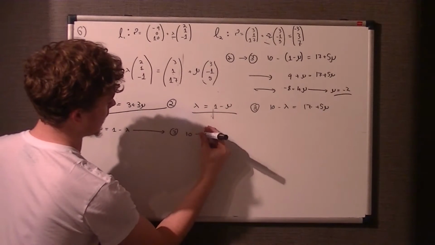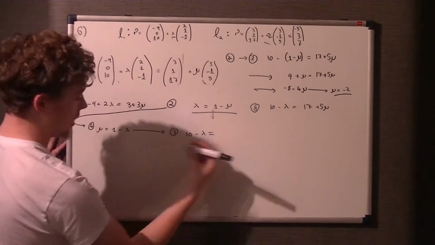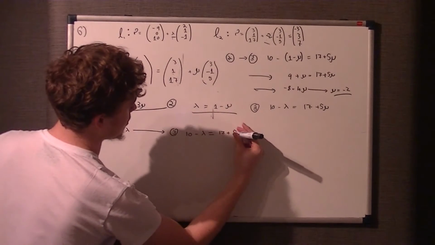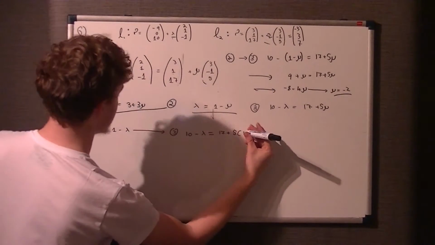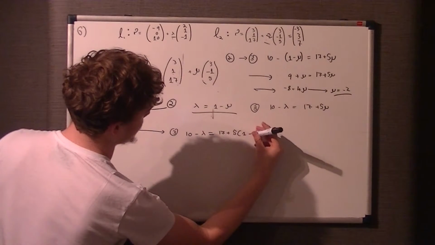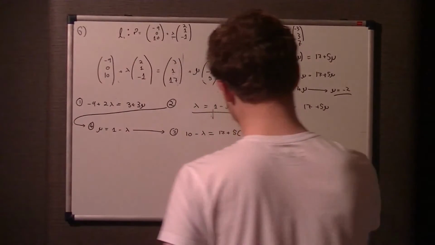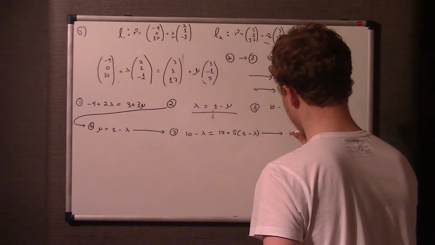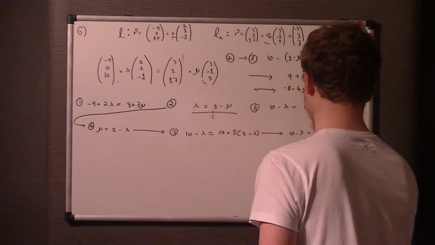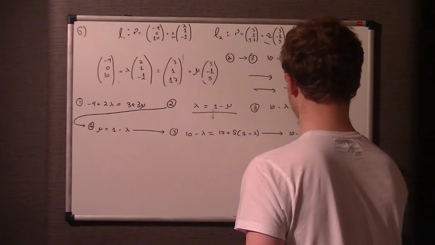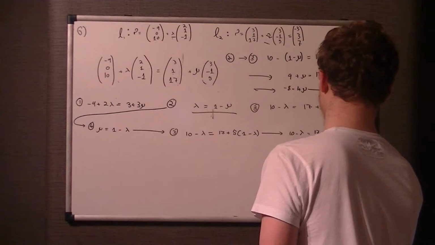So 10 take lambda, remember I'm not subbing in for lambda, I'm subbing in for mu, is equal to 17 plus 5 mu, or 17 plus 5 times 1 take lambda. Okay, and then the case is simply expanding this and simplifying it down as we did before. So 10 take lambda is equal to 17 plus 5, sorry it's not, take 5 lambda.